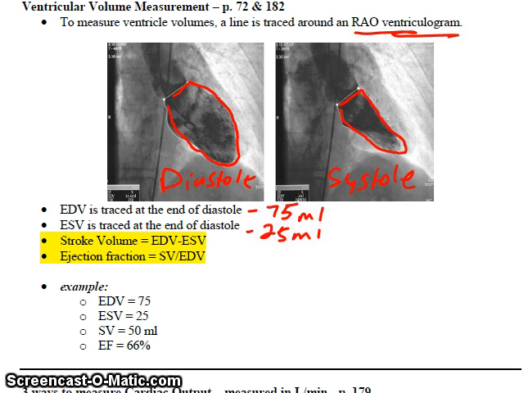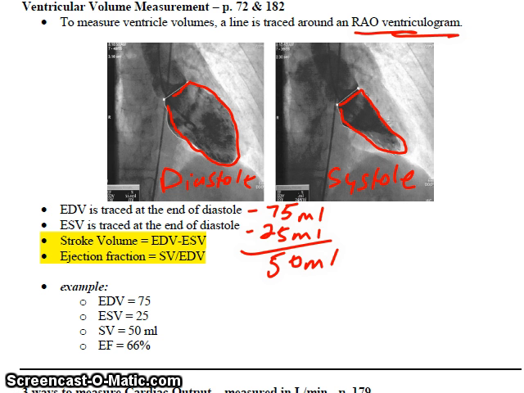So in order to figure out the stroke volume, which is the volume of blood ejected in one contraction or one stroke, you just simply subtract the ESV from the EDV. So the answer would be 50 ml. So there was 50 milliliters of blood ejected in that one contraction.